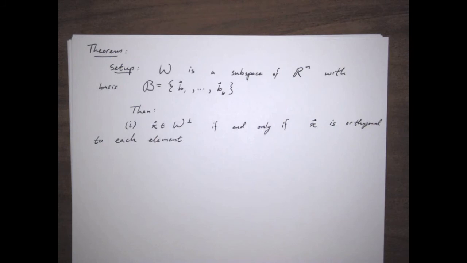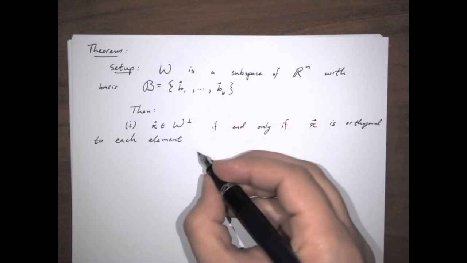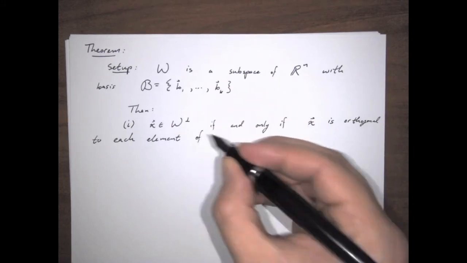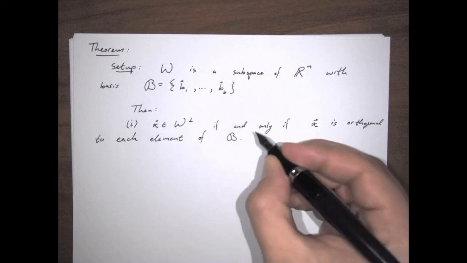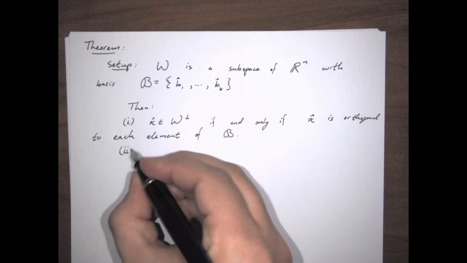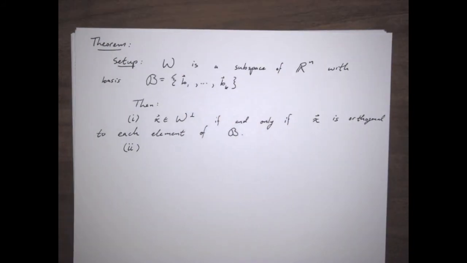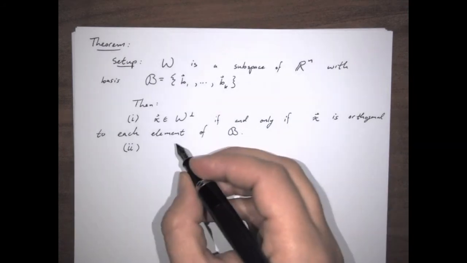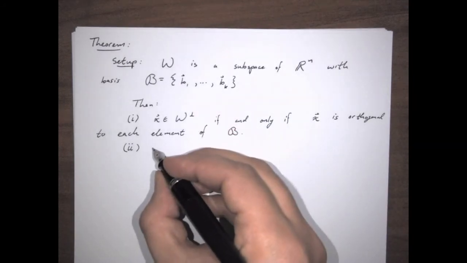By definition, we know this would be each element of W, but if we have a basis, that actually makes this a little bit simpler to check. It's just each element of B. So x is perpendicular to each of these k elements. That implies that x is an element of W perp. So that's that.